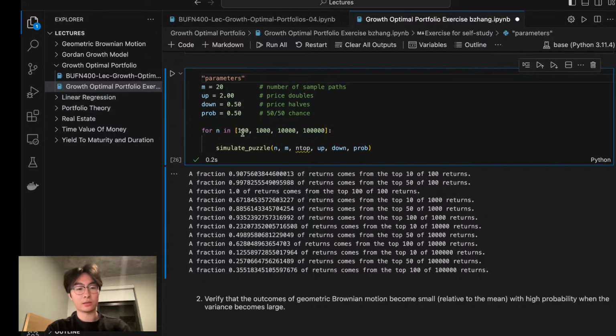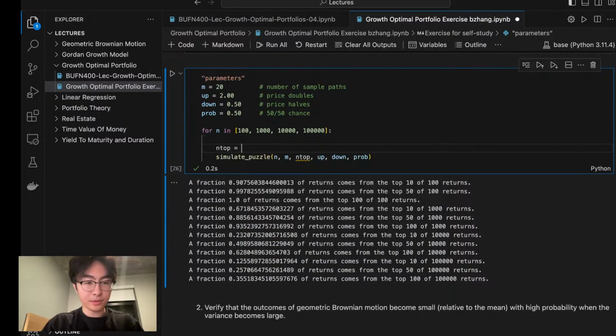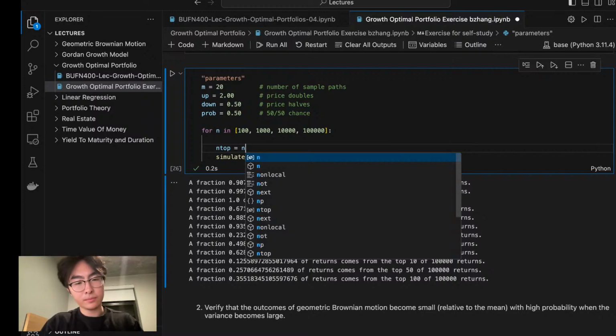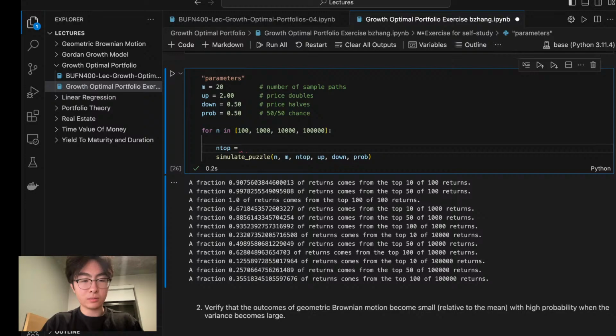For n in, so ntop is equal to 100. So pretty much what I did was, instead of just selecting some fixed number, 10, 20, 50 or whatever, I'm just going to take the top 10% of all of the returns here.